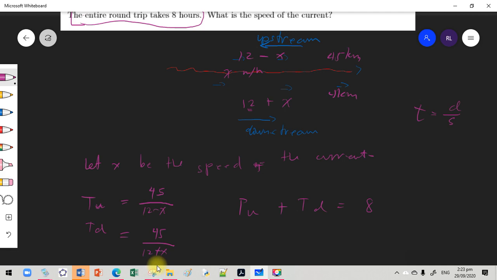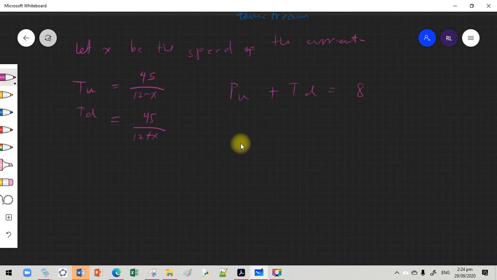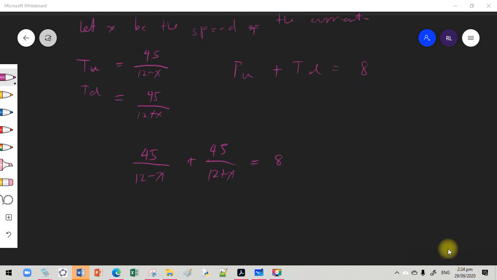So our equation becomes 45 over 12 minus x plus 45 over 12 plus x equals 8. So we already formed our equation, therefore we are ready to solve.